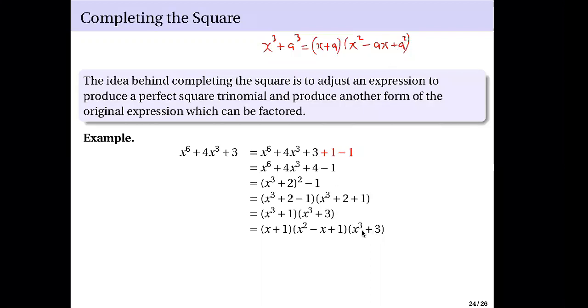And on the other part, x cubed plus 3 is no longer factorable. Yes, you have your x cubed here, but 3 is not a perfect cube. So this now is the complete factorization of the original expression.